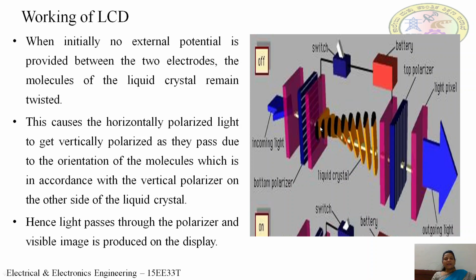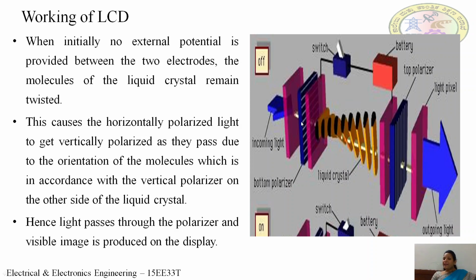They just pass through the liquid crystal, and as they pass through, the light waves also get twisted according to the alignment of the molecules. So by the time the light waves reach the other end of the liquid crystal, they would have twisted vertically.